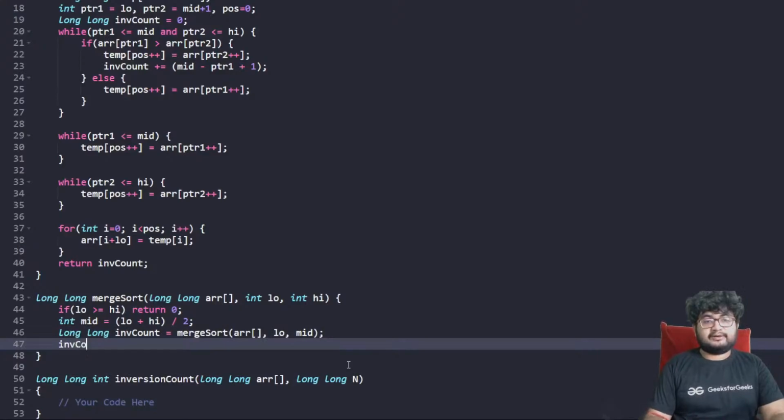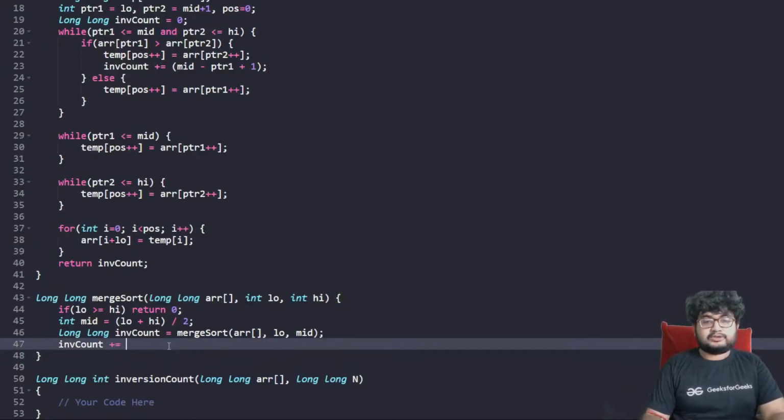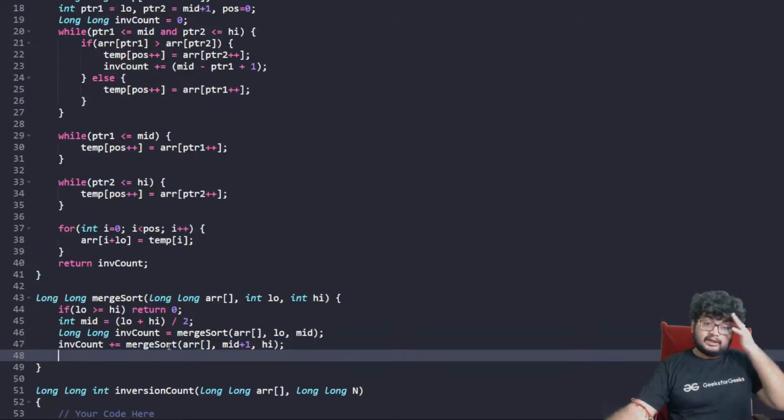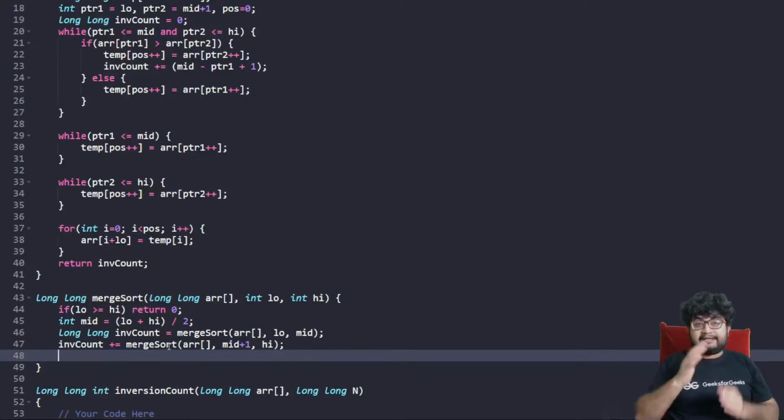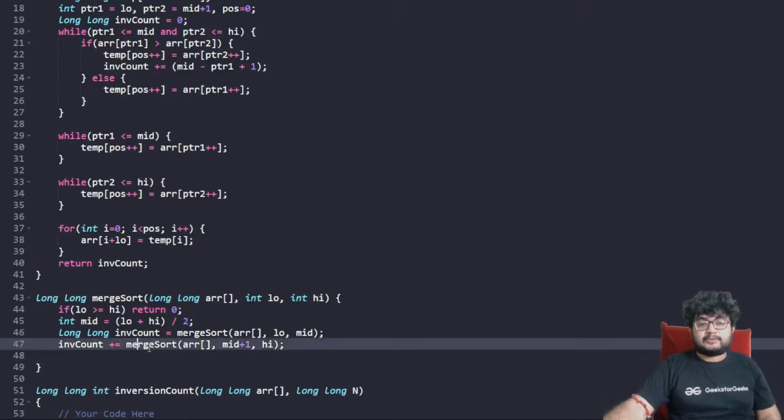Whatever is the inversion count from low to mid, that will be returned from here. Similarly, inversion count plus equals whatever is the inversion count from mid plus 1 to high, that will be returned from here. So mid plus 1 to high, we are sorting it and we are also finding the inversion count. Now what is the cross inversion count between low to high? Low to mid is sorted, mid plus 1 to high is sorted.